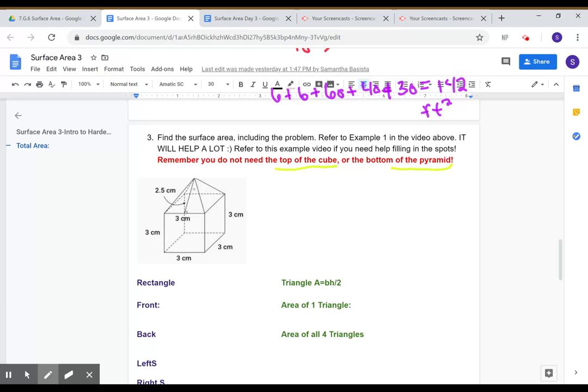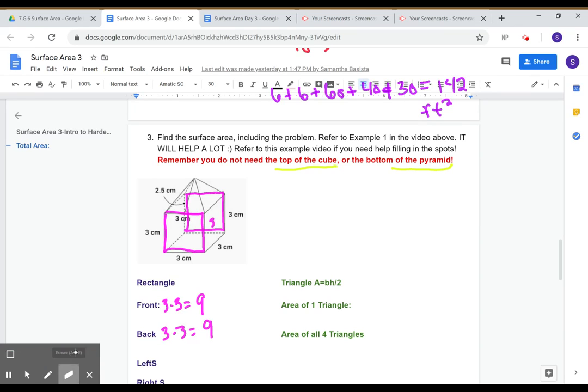Let's look at the rectangle first, or the square in this case. The front is 3 by 3. That's pretty easy. 3 times 3 is 9. The back is also the same as the front, 3 by 3.